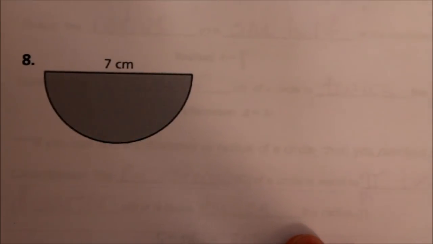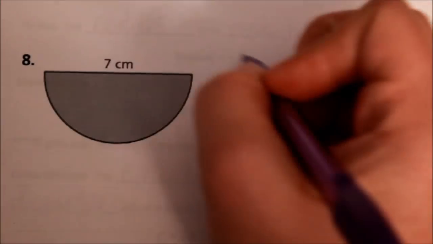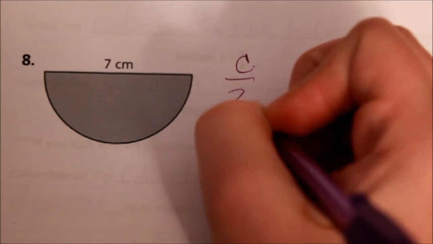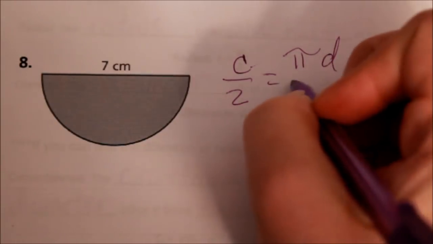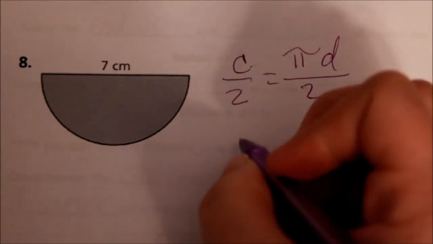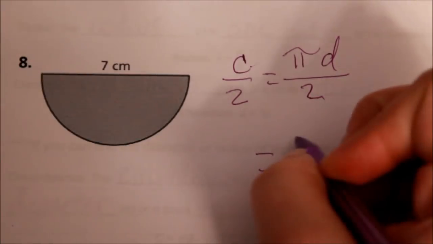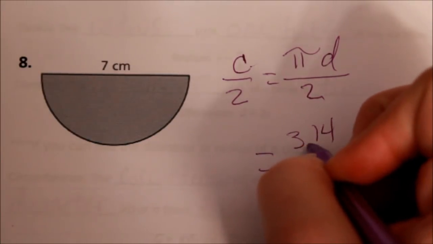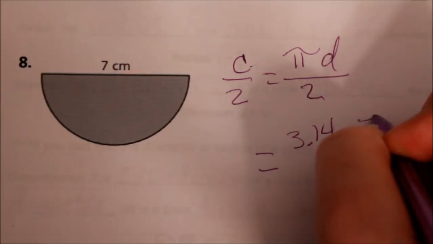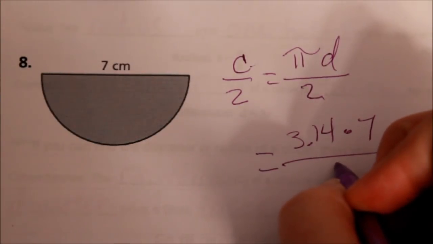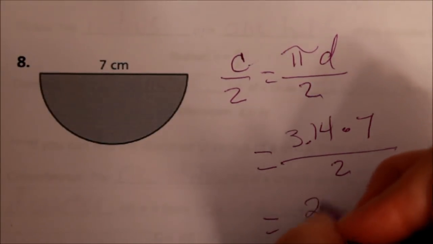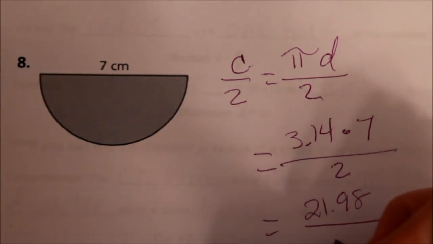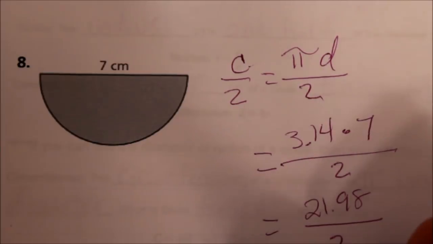Now for 8, we have 7 centimeters, but we're still going to use that same equation of C divided by 2 equals pi times D divided by 2, equal to 3.14 times 7 divided by 2. 3.14 times 7, 21.98, divided by 2, you're going to get 10.99.